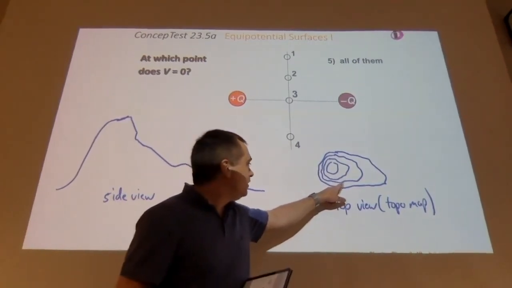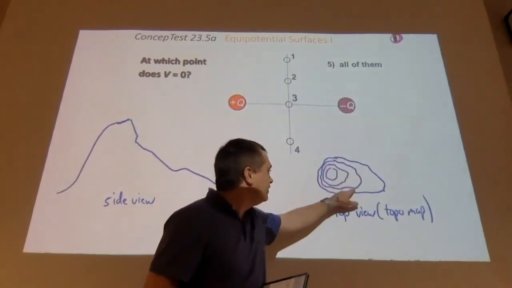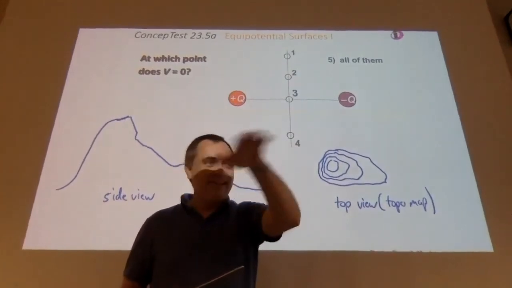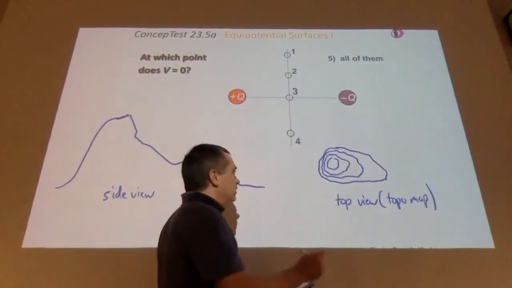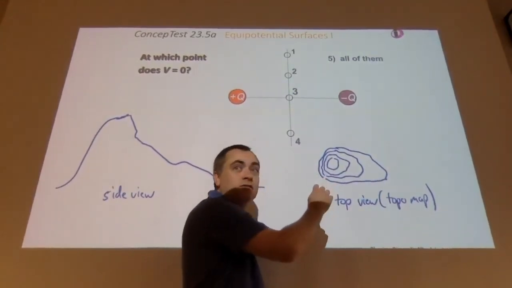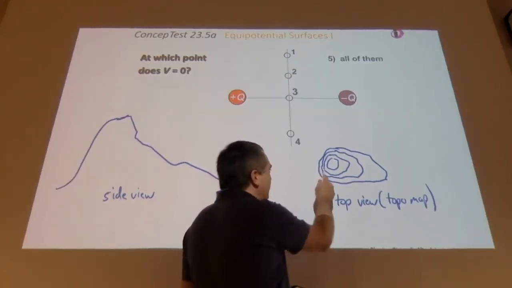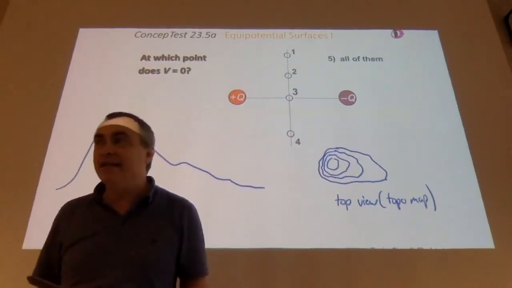Because if you pick this line and go around this way, assuming there's a path that follows that, you never go up or down, you stay nice in the easy level and everything is fine. What you don't want to do is go perpendicular to these lines. This indicates that your slope or your potential is changing rapidly.